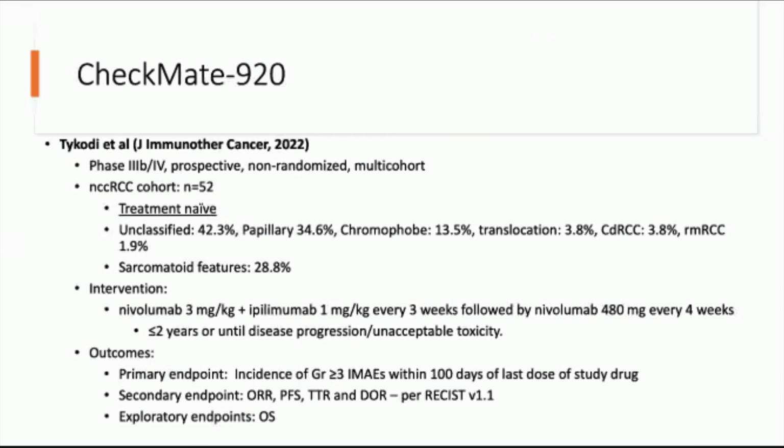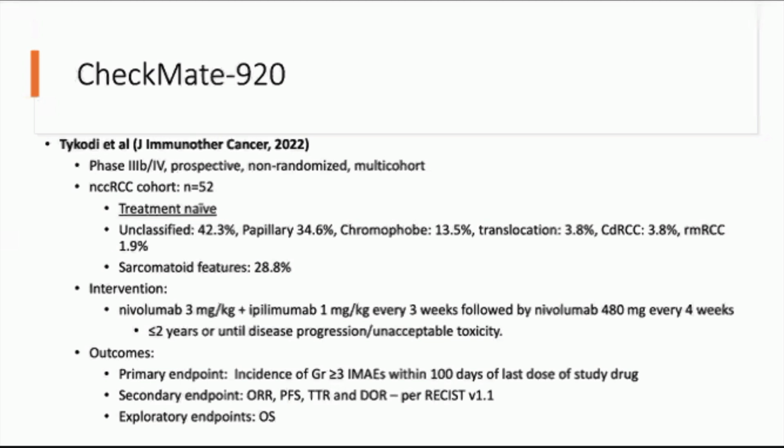So this next trial is Checkmate 920 by Chakoti and colleagues. It was a multi-cohort trial that included 52 patients with non-clear cell RCC that were all treatment naive. And the majority of the patients included had unclassified or papillary tumor histology, with about a third of the tumors having sarcomatoid features.